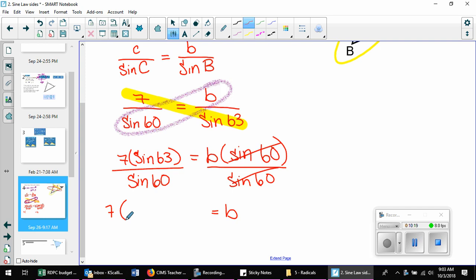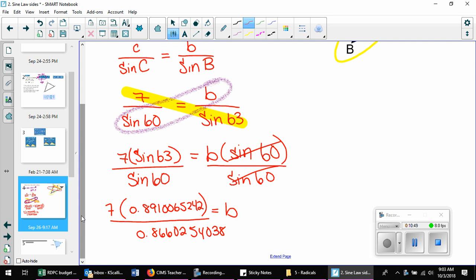Sine 63 is 0.8910065242, and sine of 60 is 0.6025438. Order of operations, I have to do what's on top first, so I'm going to multiply. You might be able to do this all in your calculator, and if you can, do it.